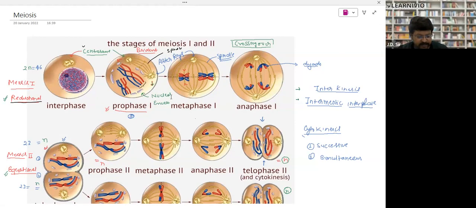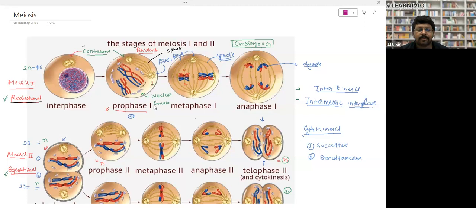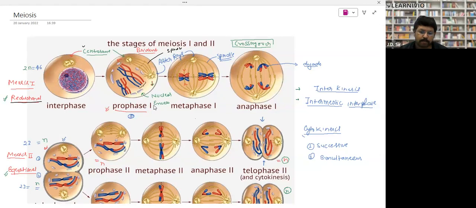It can be studied under four stages: prophase first, metaphase first, anaphase first, and telophase first.